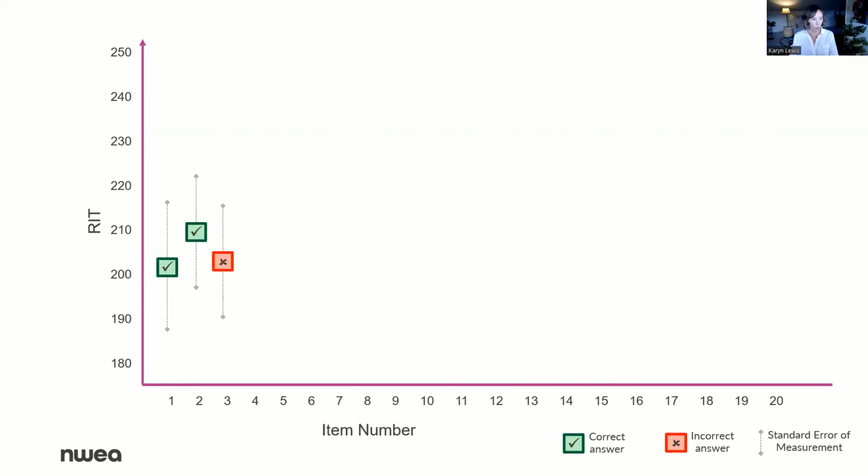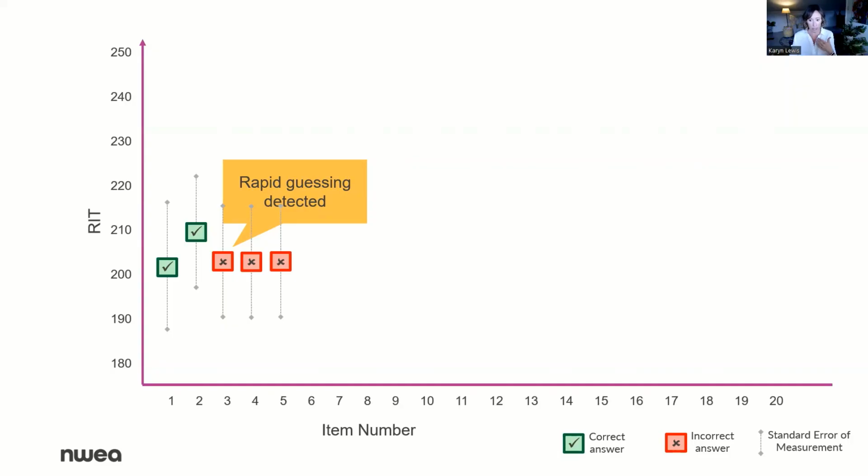Let's consider this example where on the third item, we've now detected that the student is giving rapid guesses. After rapid guessing is detected, what I want you to notice here is that for the successive items the student is receiving, we're not adjusting up or down based on their performance as we did in the previous scenario.